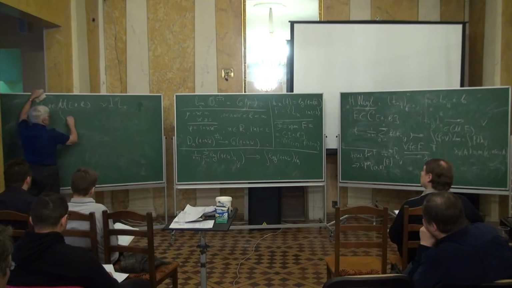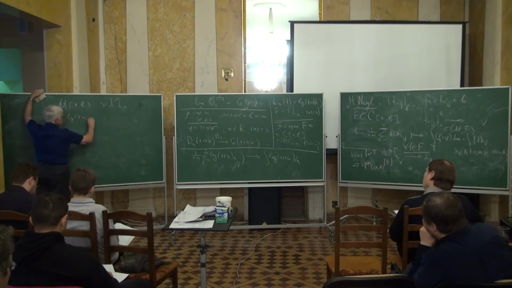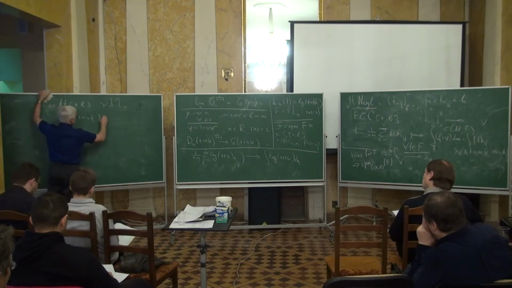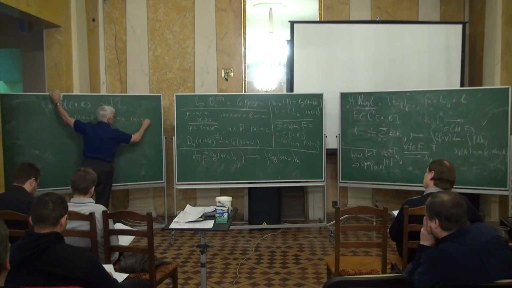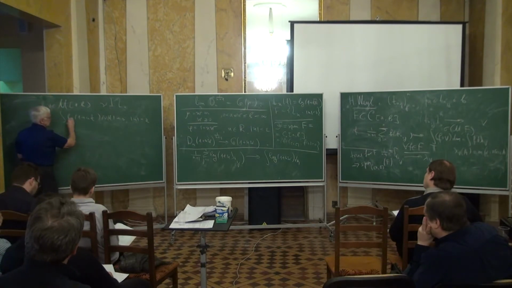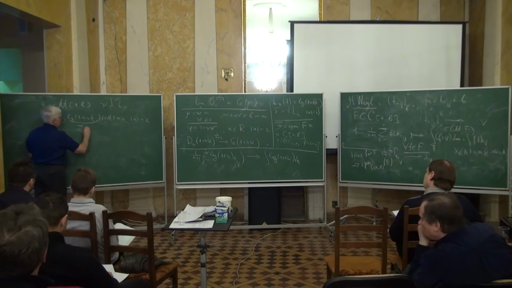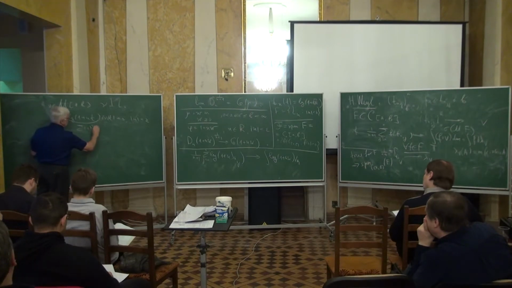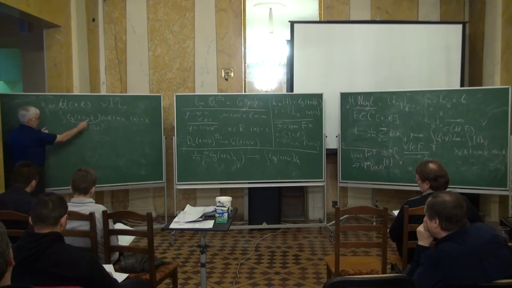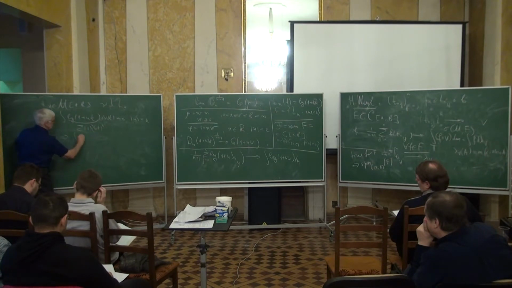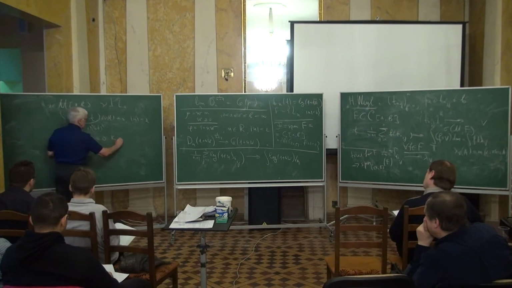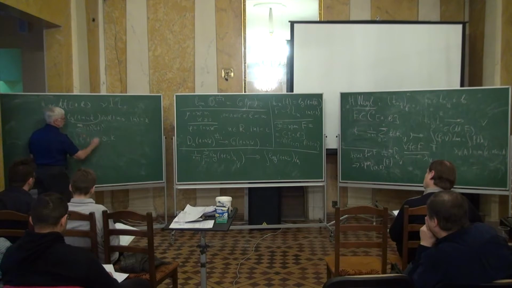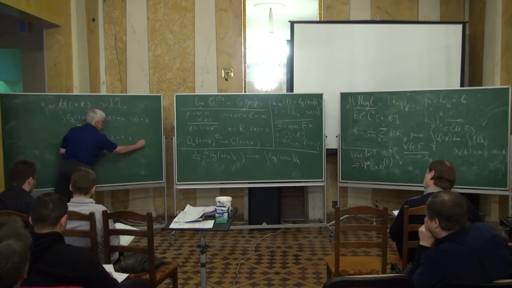We will have the integral of logarithm of 1 plus ut d nu t equal to 0 for all u. We develop it in the series of minus 1 to the k, ut to the k, and we have from here that the integral of t to the k d nu is equal to 0 for k from 1 to infinity.